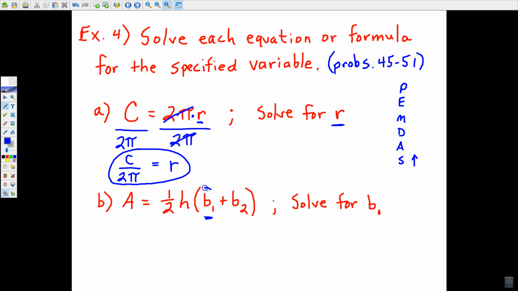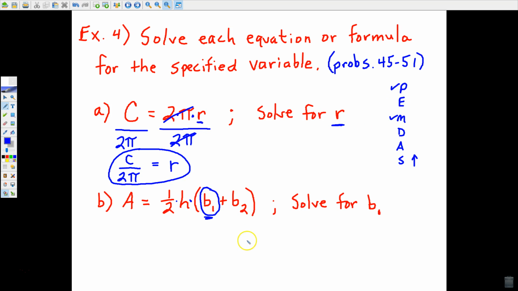Alright, so I'm just going to circle b1 because that's what we're trying to isolate. So let's see what's happening around b1. Well, I noticed that first of all we have multiplication by 2 different numbers, 1/2 and this other number h. And then I notice also that b1 is involved inside parentheses.